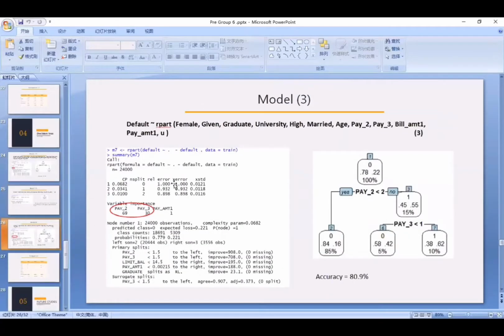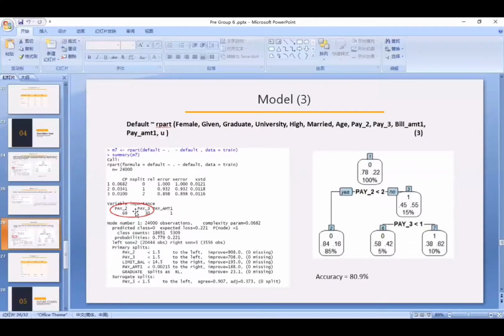And finally, we can see model 3. We want to know what variables can be used as a feature in the remaining variables after removing the feature P1. In variable importance, we can clearly observe the difference between P2 and P3.